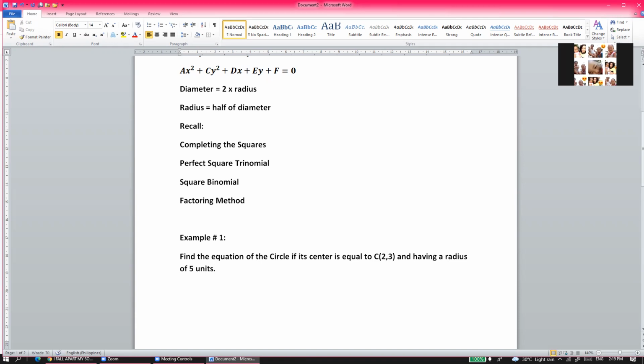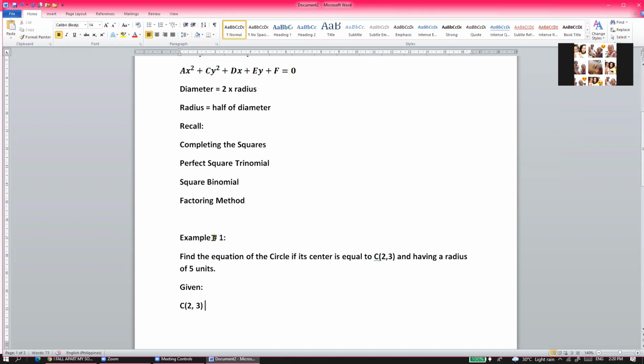So ang equation daw ng circle ay hinahanap natin. At kung hanapin natin ito, kailangan may mga given tayo. Ito ay ang center at ang radius ng bilog na meron tayo. So ang unang given natin is the center, we have 2 and 3. But just like what I've told you kanina, center H and K, kasi parehong hindi zero yung mga nakasulat sa coordinate natin na 2 and 3.